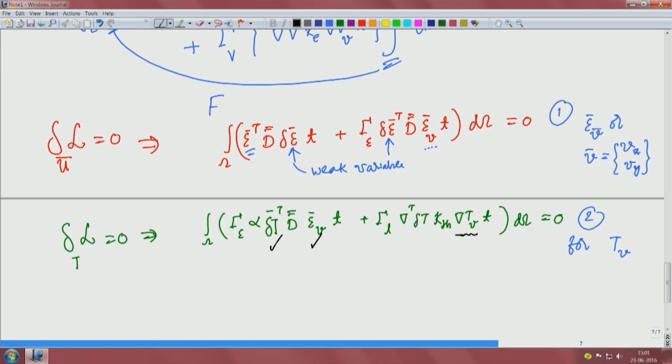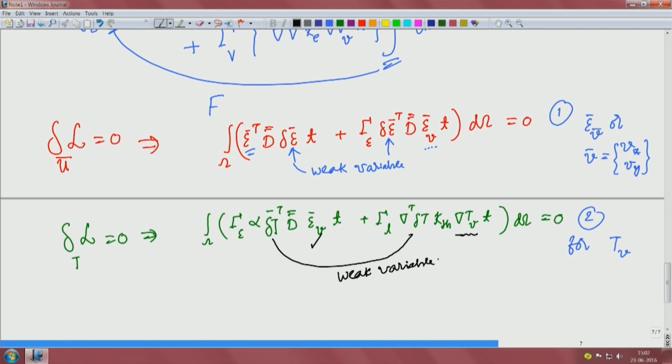So, that is known. So, when I say we know this, what I actually mean is that T is known, but not delta T. So, this becomes the weak variable here. Okay. These are the weak variables.